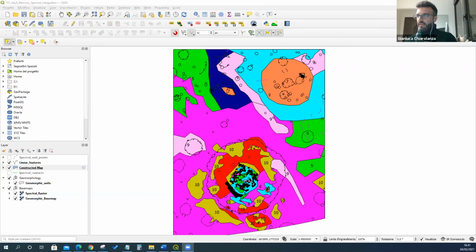So yes, I used Mappy to create the polygons from the spectral contacts that I drew in the attempt to create all the spectral units that we could see from the spectral raster. Of course, there was not much time, so I did my best.